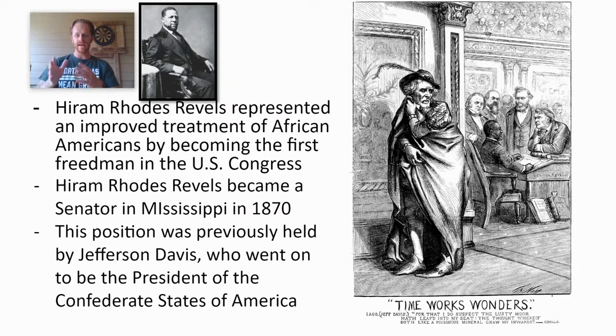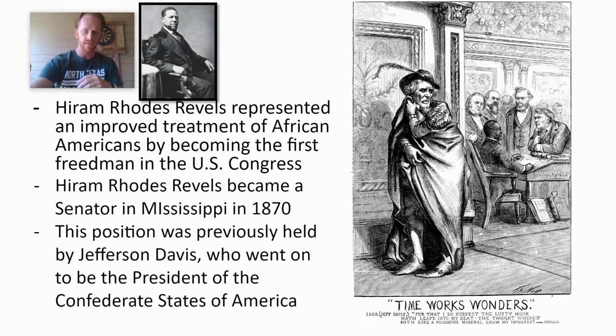He becomes president of the Confederacy after he was senator. Now the Confederacy is wiped out. Jefferson Davis, along with a lot of other political and military leaders, are not allowed to hold office anymore. They're not being thrown in jail for the Civil War, but they are not allowed to hold political office.